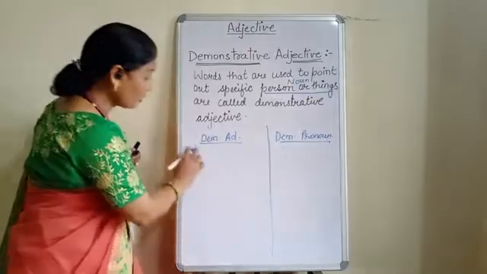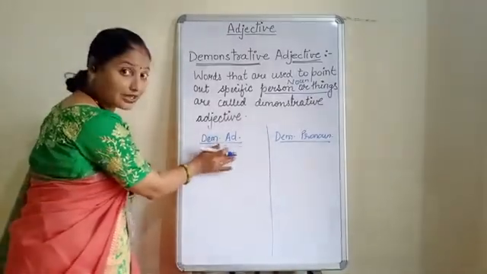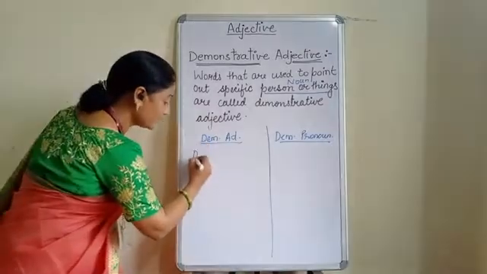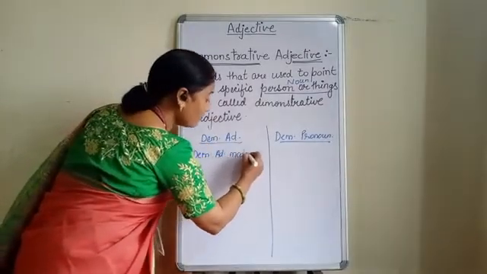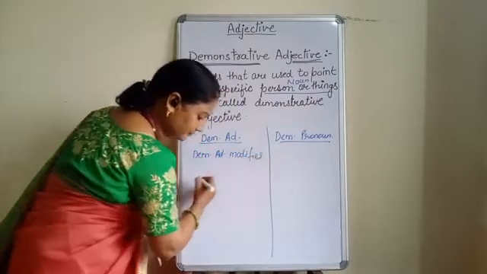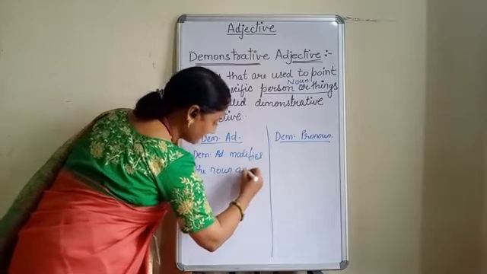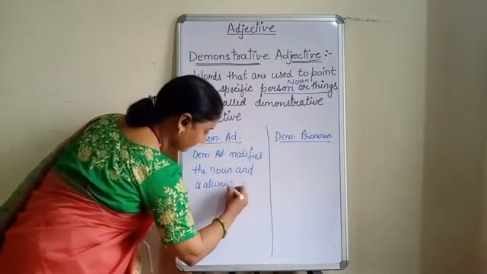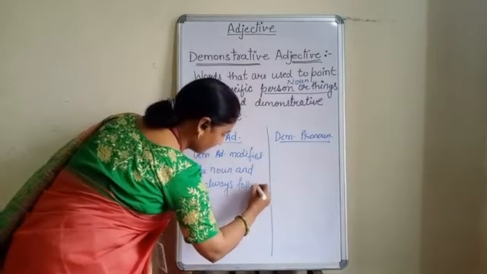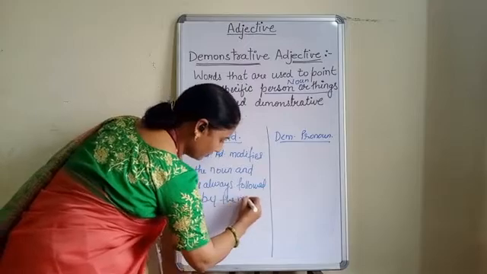In case of demonstrative adjective, this demonstrative adjective modifies the noun, okay, and is always followed by the noun.